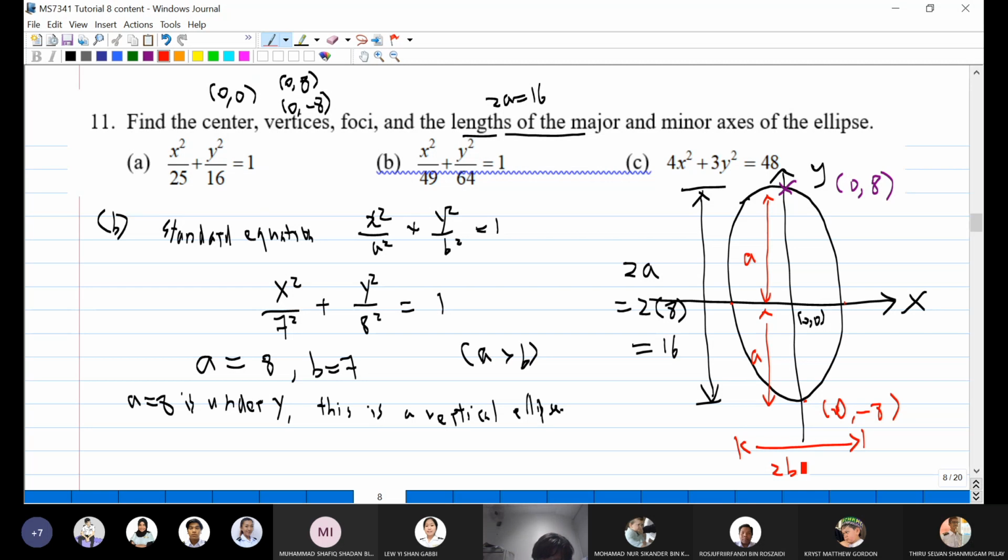Now b is 7. 2 times b, the smaller one, is 14. These 2 points are not the vertices, but we didn't ask for that, right? So 2b equals 14 now.